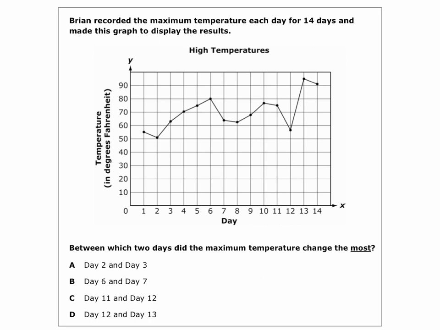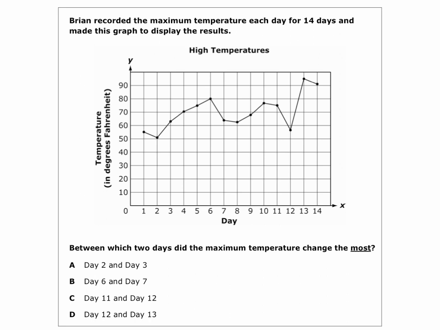Change the most means it doesn't matter whether it's increasing or decreasing, just which one did it change the most. Sometimes it might say which one did it decrease the most, and then you would only be looking at the lines with a negative slope or going down. And then sometimes it might say between which days did it increase the most, and then you would only be looking for a positive slope or when the temperature was going up.